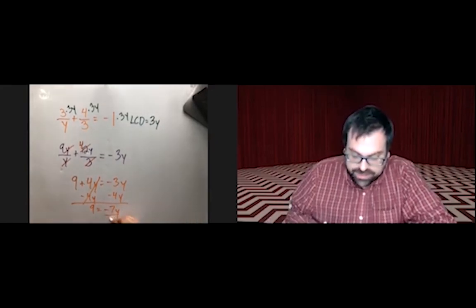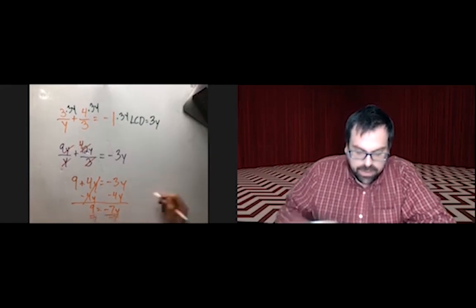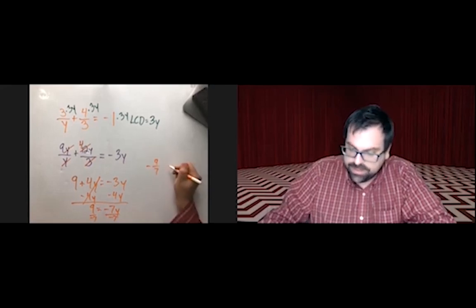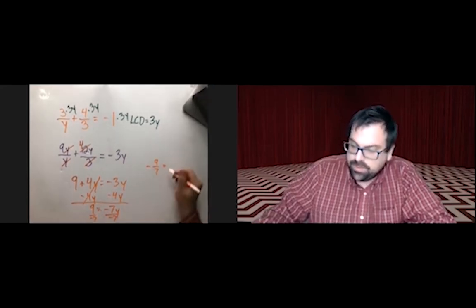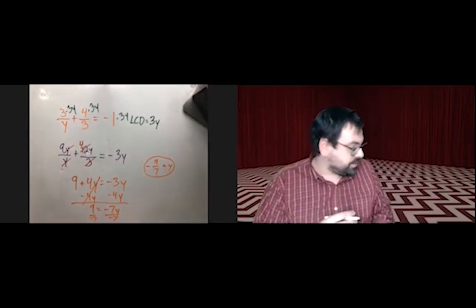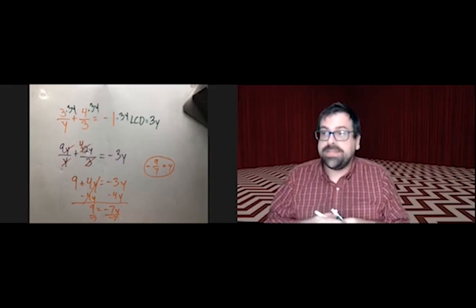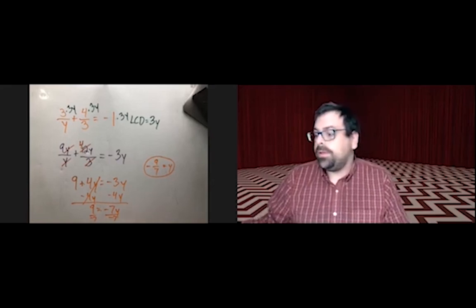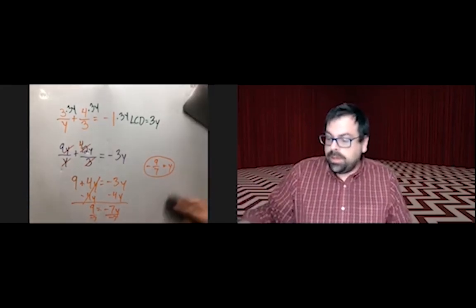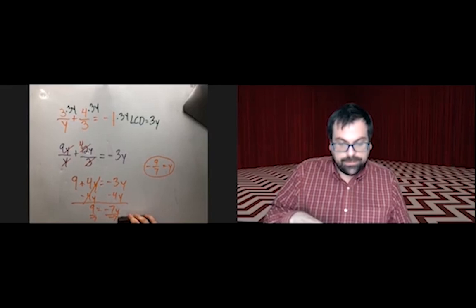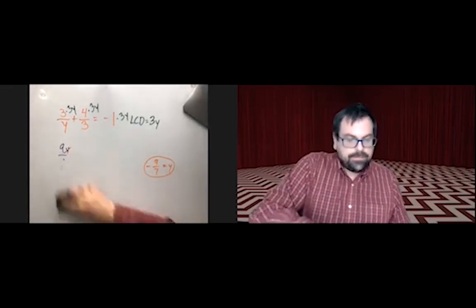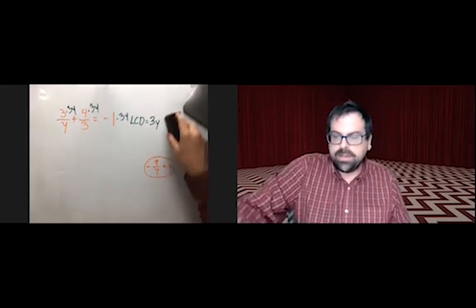And if I divide both sides by -7, positive divided by negative is negative: -9/7 equals y. y equals -9/7. This was the shove in the LCD way.